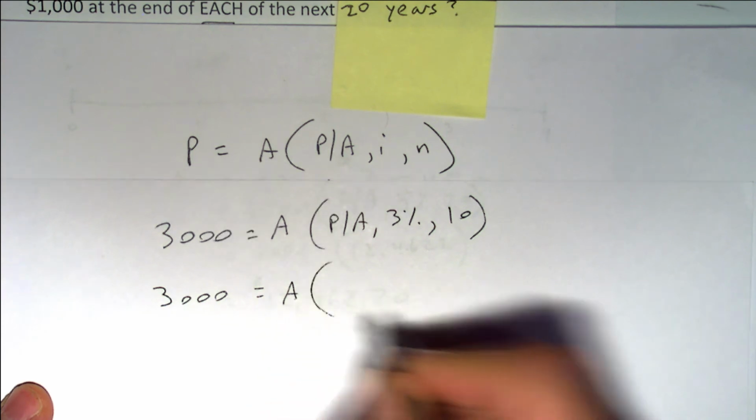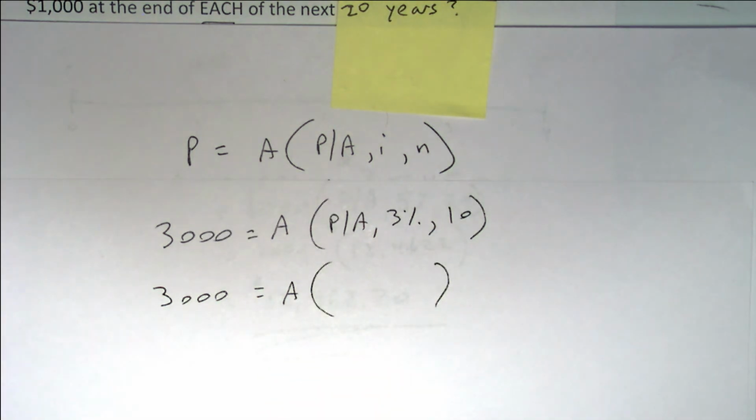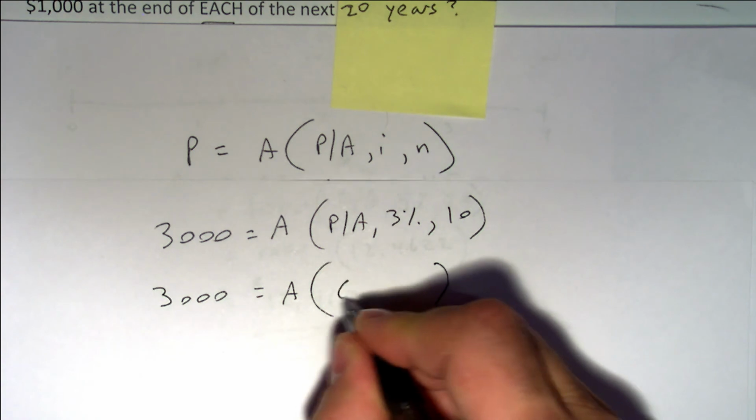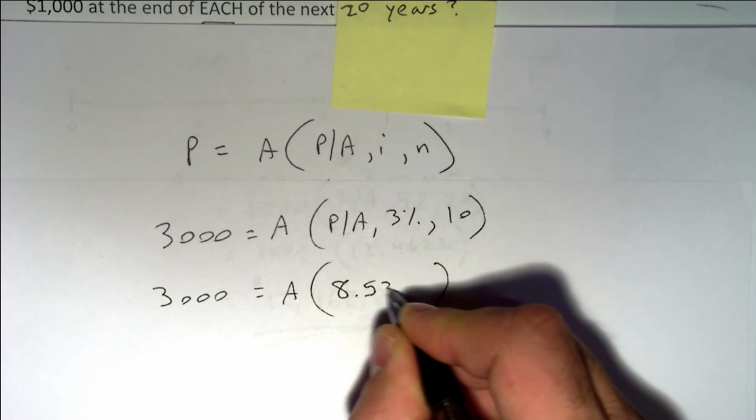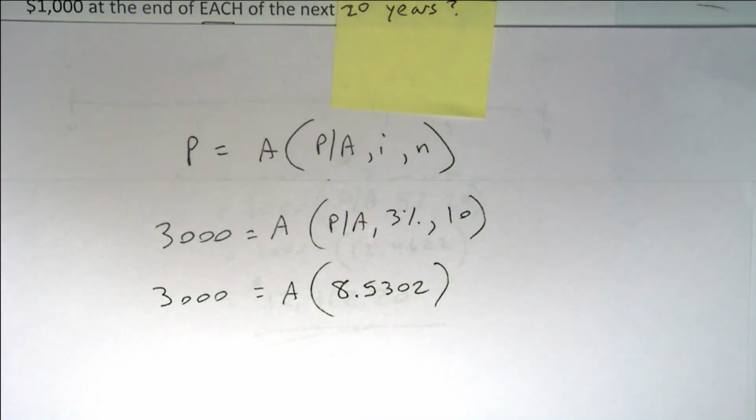3,000 equals A times, from my memory of that table, 8.5302. Is that what you got? So now I take 3,000, not multiplied by, but divided by 8.5302.